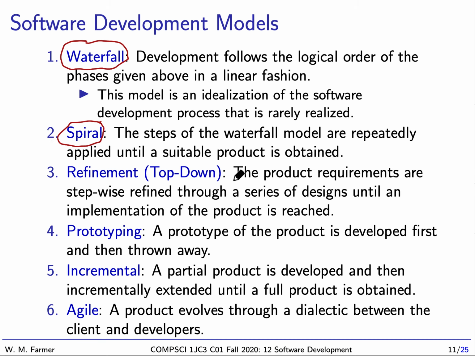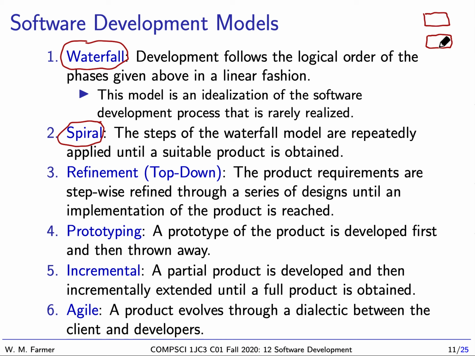Now, the refinement model is a model where we start with our requirement spec, and then we refine that into some kind of design. And refine means we add new ideas, new ways of doing things. It could be in the requirements, it says we have to do something.